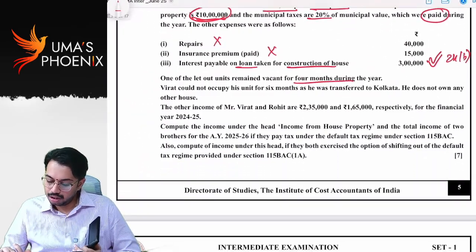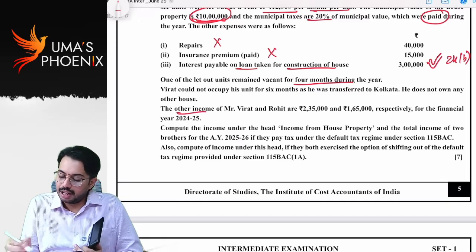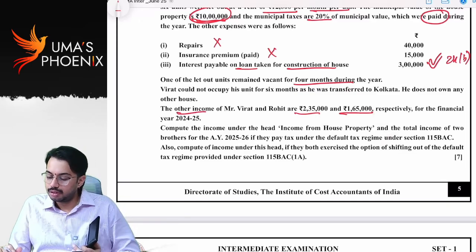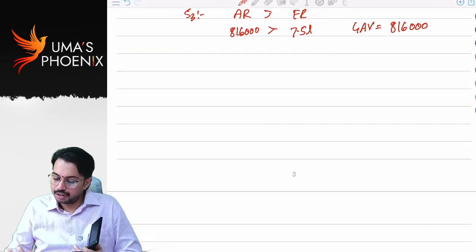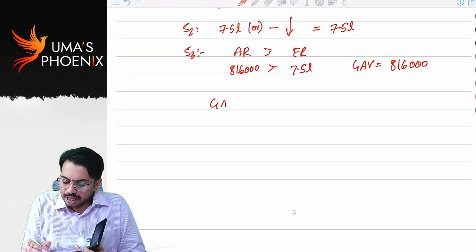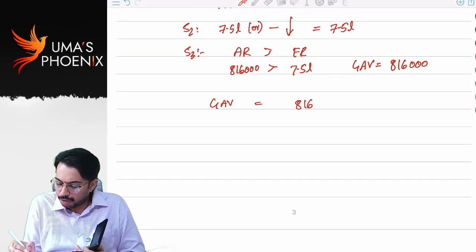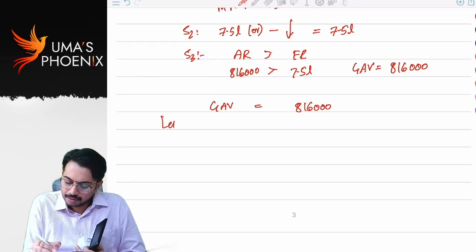Okay. Now other incomes are given. Based on this, you can calculate the income. Gross annual value 8,16,000. How much are municipal taxes?